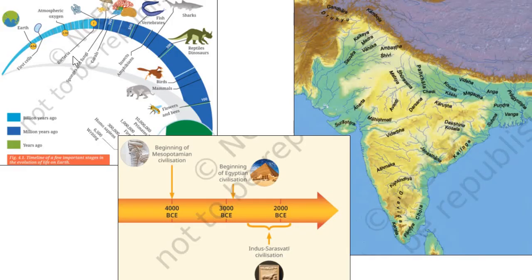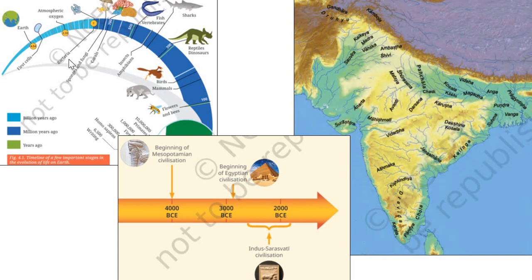See, timeline. Well, we all know from various scientific investigations that our Earth came into existence about 5 billion years ago. However, life on Earth in the form of plants and animals appeared much later, and the earliest man came around 2 million years ago. And basically it took thousands of years for humans to change.